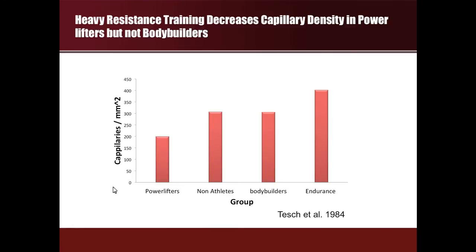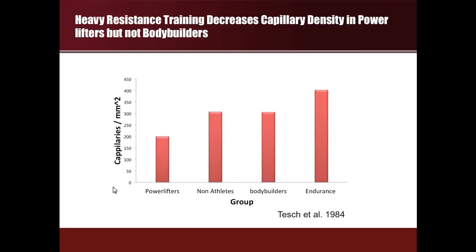Something similar happens with capillaries. If you look at capillary density, you look at non-athletes, that's capillaries per area of muscle. Powerlifters go down because their training doesn't induce capillarization to a high enough extent to keep pace with the myofibrils. Bodybuilders stay the same.